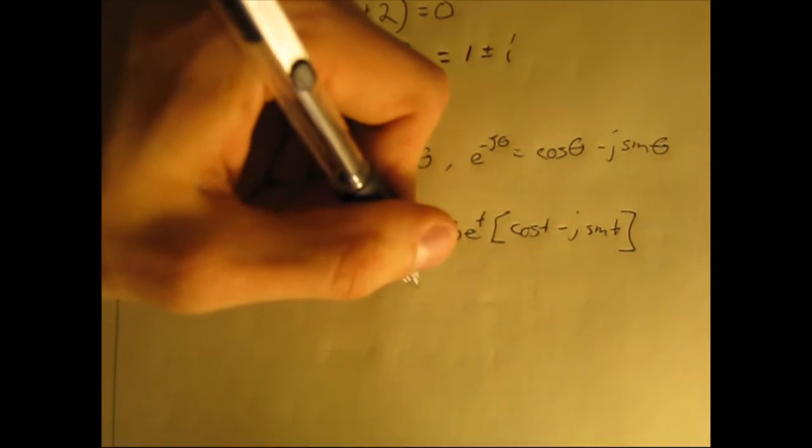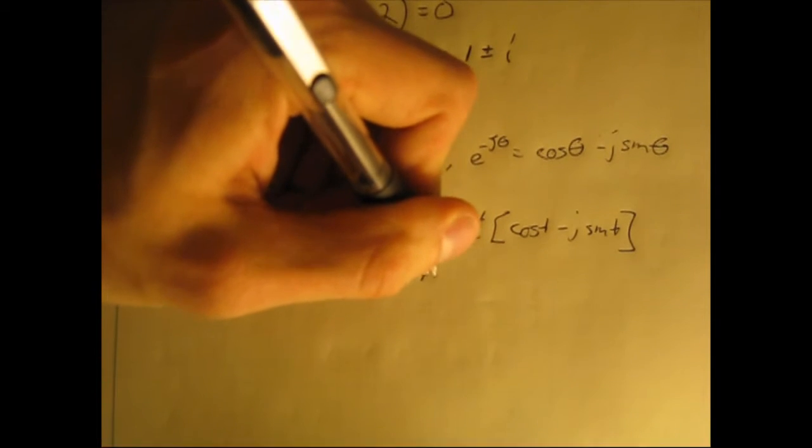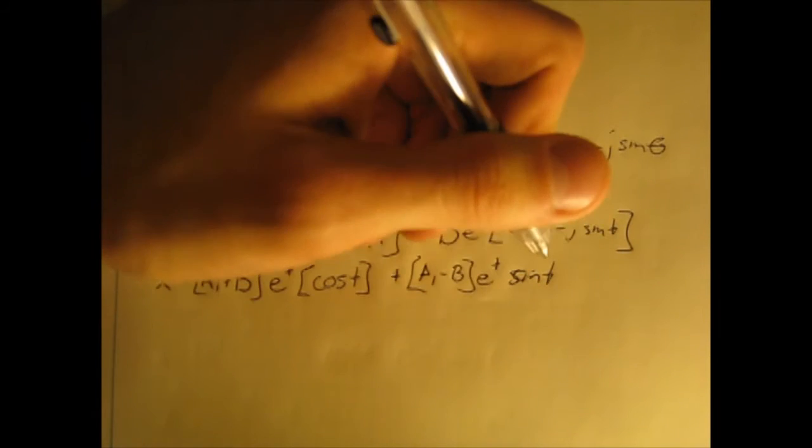Then this next term will be a1 minus b e to the t times j sine t.